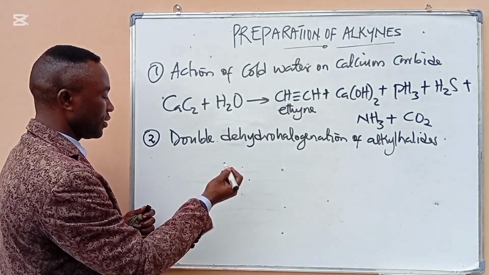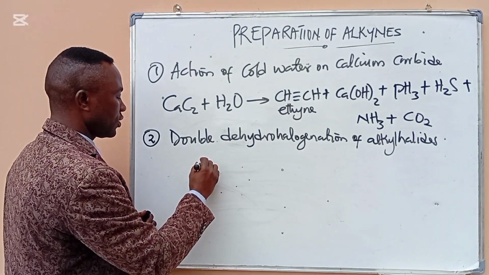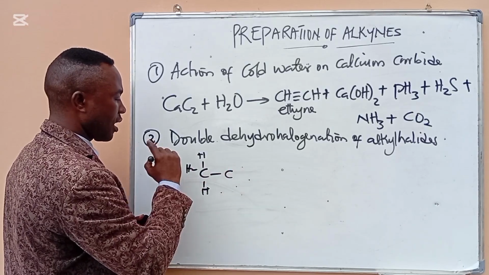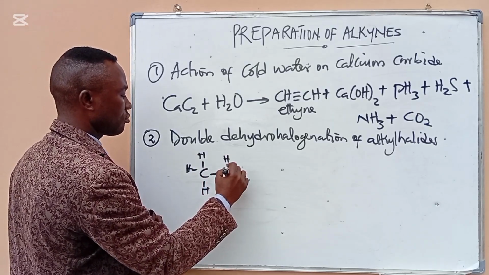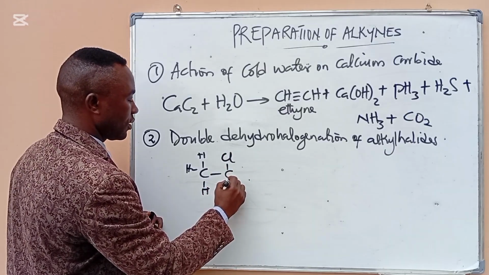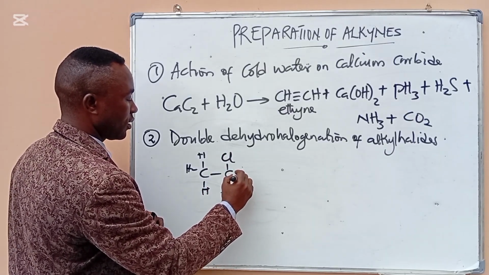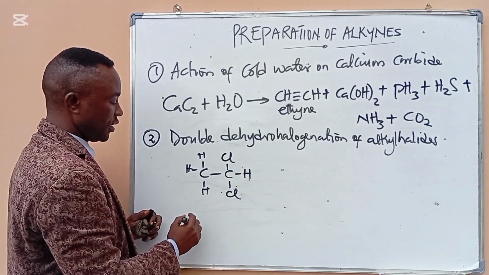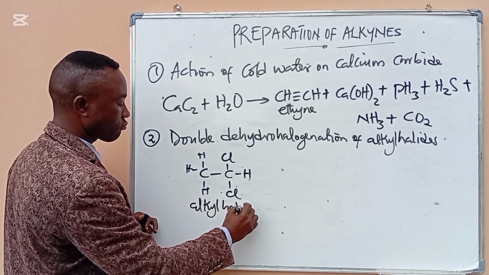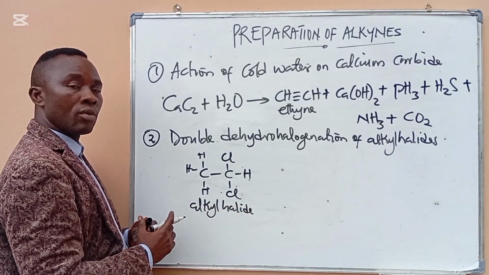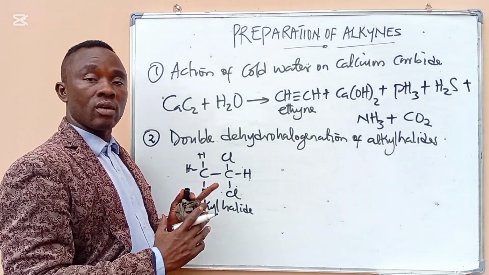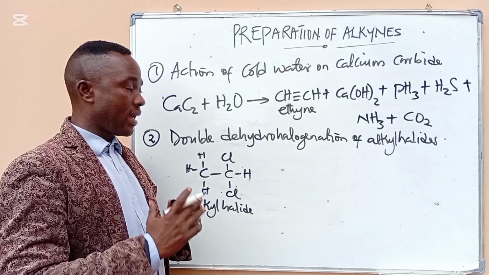What I mean by this is, if we have CH, H, then we have a CH, let's say we have Cl and the Cl, then we have H. This is an alkyl halide. We want to remove molecules of hydrogen halide.